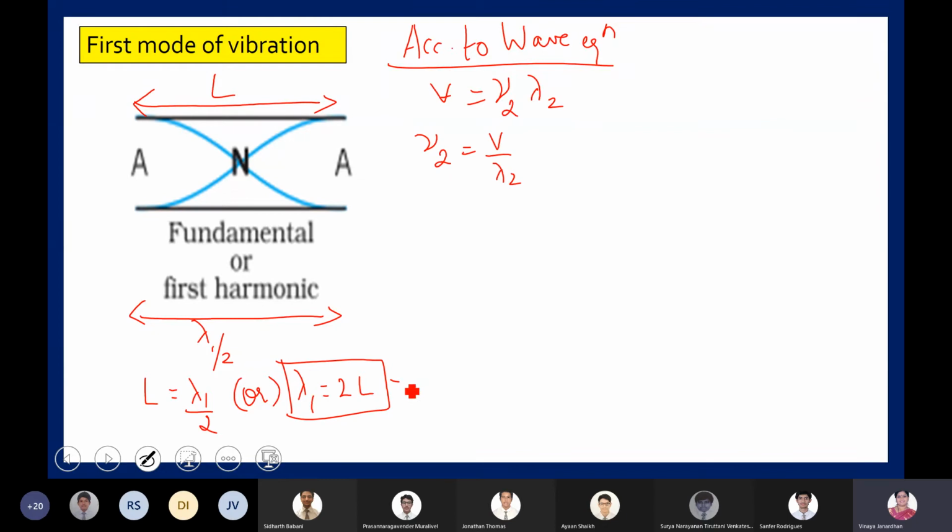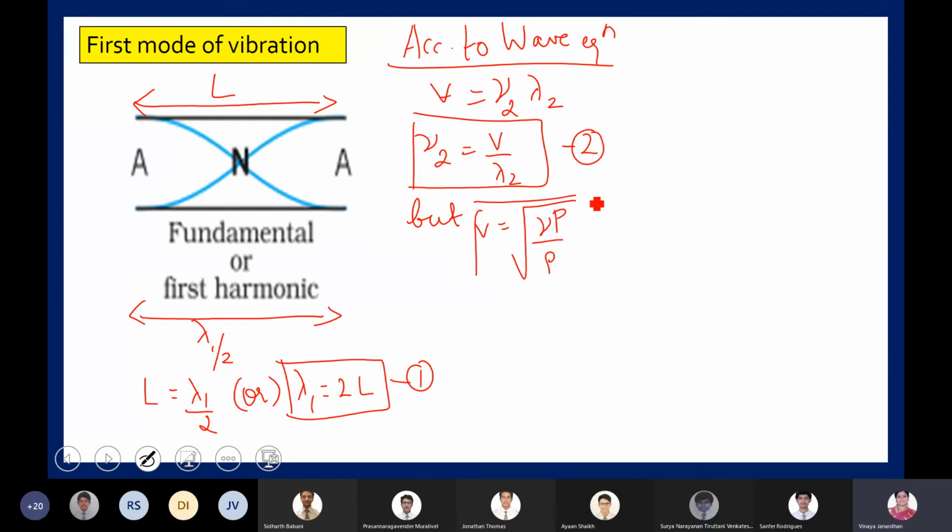So let me mark this as equation 2, correct? But what is the speed? V is equal to root of gamma P by rho. This is equation 3. Now substituting 1 and 3 in 2.